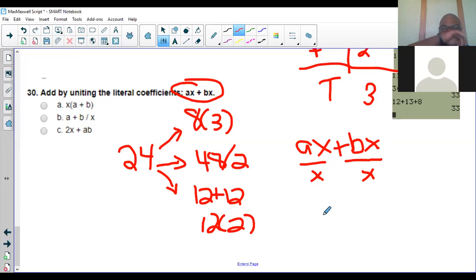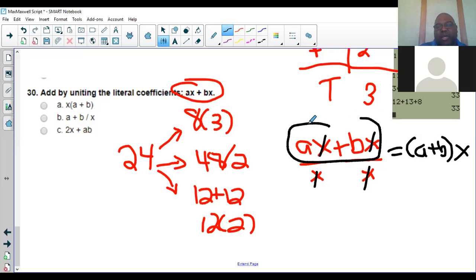If I divide x out of each term, what does that leave me with? A and B. So A plus B times X is equivalent to AX plus BX. That makes sense? Okay.